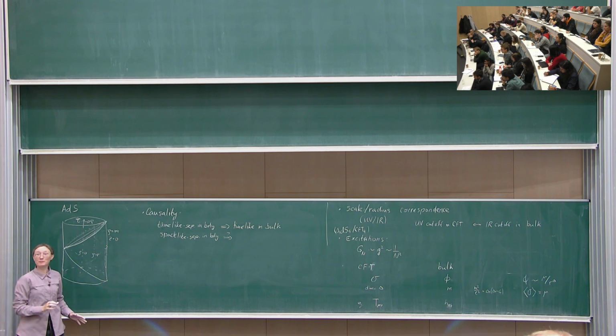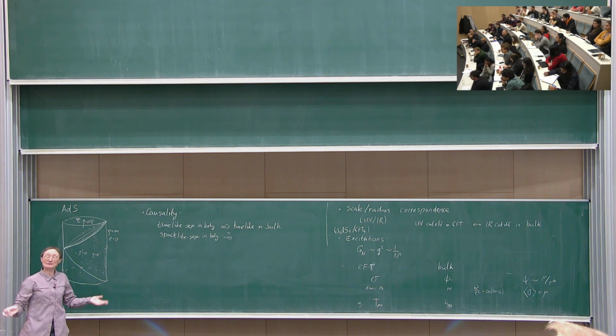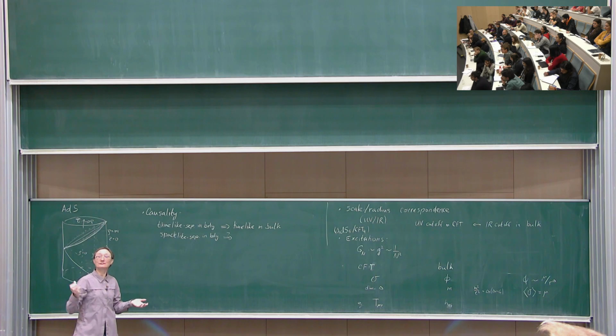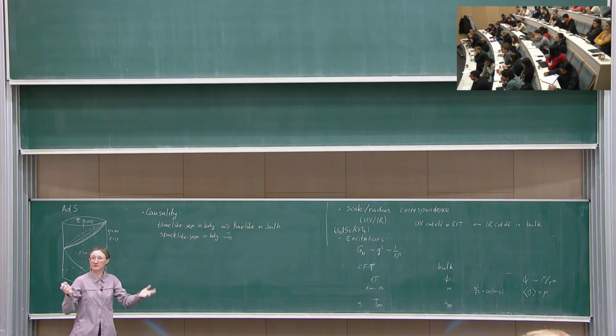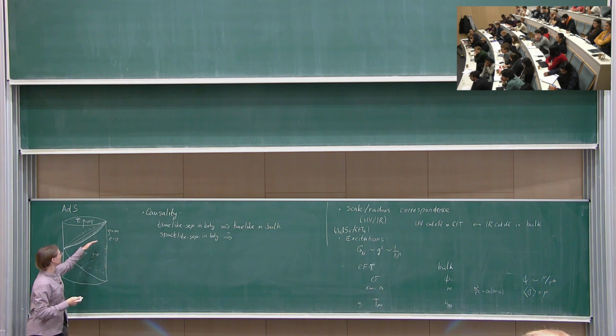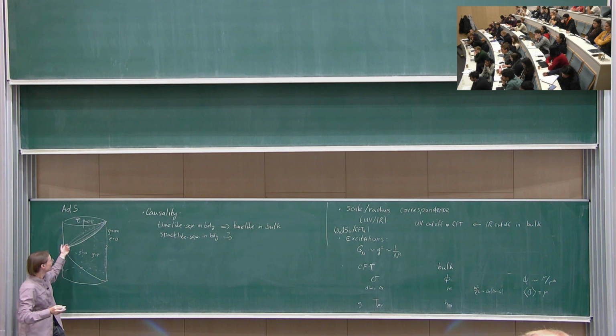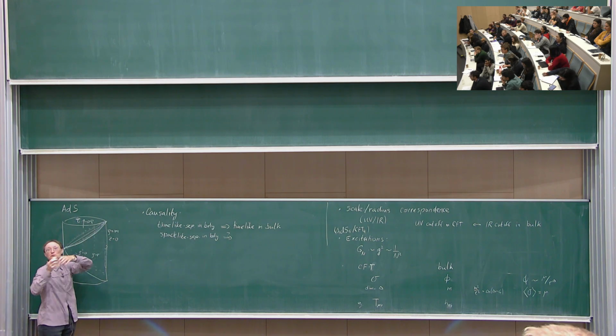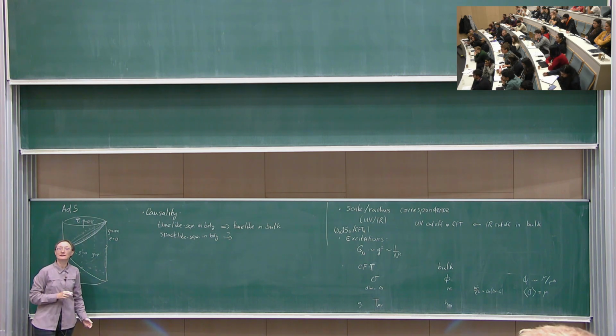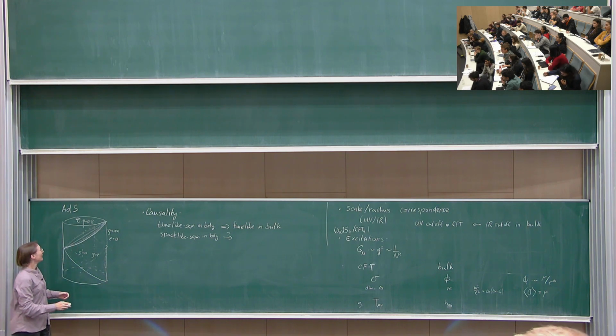That would be a terrible problem because the CFT is causal, so signals should not propagate faster than the speed of light in the field theory. But if they could do that in the bulk, well, in the bulk it would also propagate less than the speed of light, but by the time it would get to the boundary, it would look like suddenly something happened acausally. Okay, so that would be a problem.